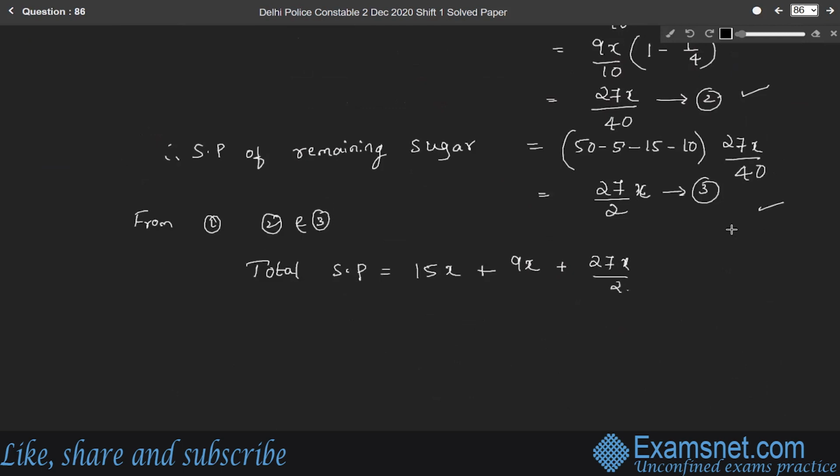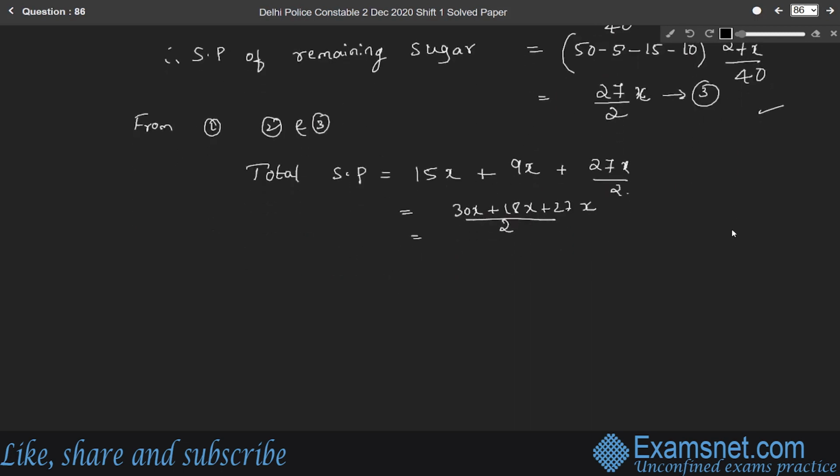Simplify it. So here 2 is the LCM, that is 30x plus 18x plus 27x. So you will get 57x plus 18, 75x by 2.